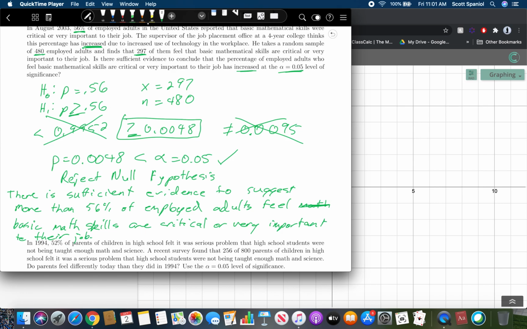Okay. And so that's the idea. So all that's new here in this section compared to the last section is this stuff in the middle, deciding whether or not to reject the null hypothesis.